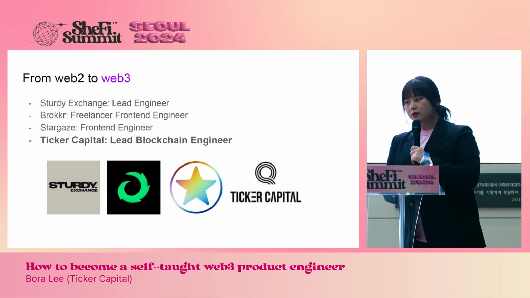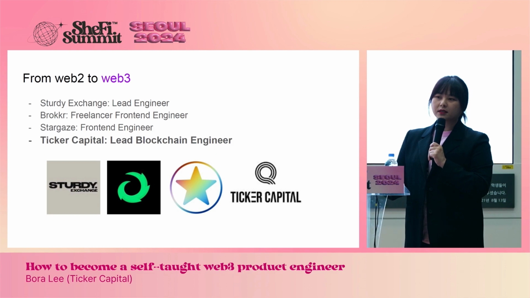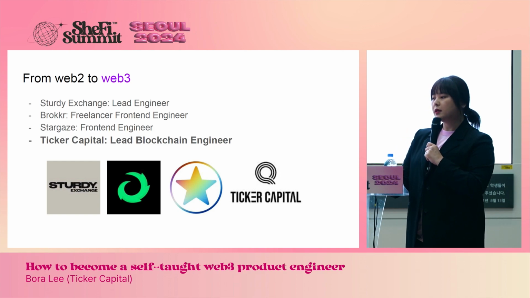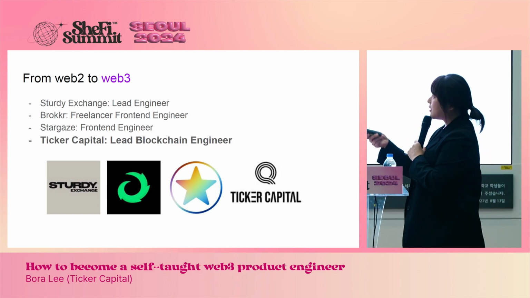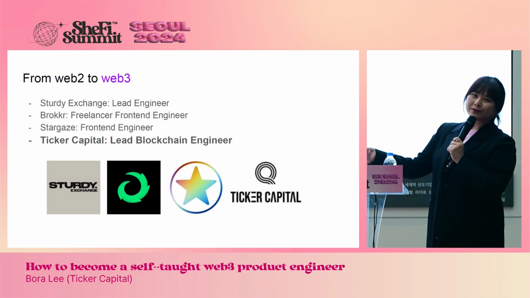I mentioned that I was a Web2 engineer for about 5 or 6 years. But after that, I only focused on Web3 development. This is my journey. I was the lead engineer of the Sturdy exchange, which was based on the Flow chain.